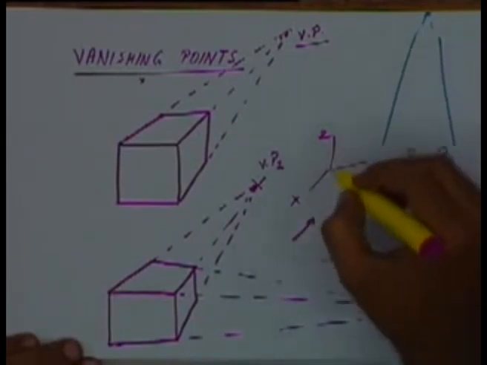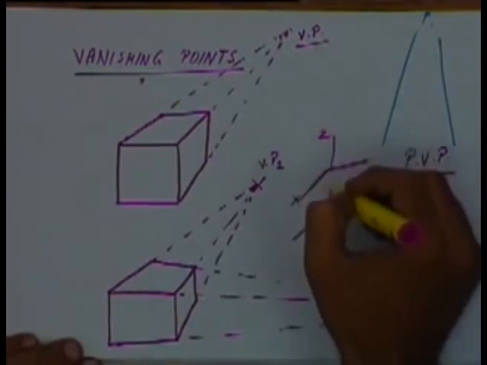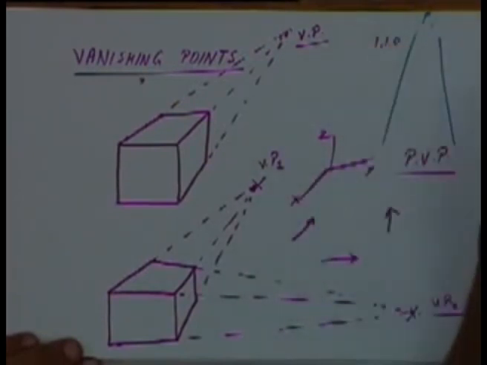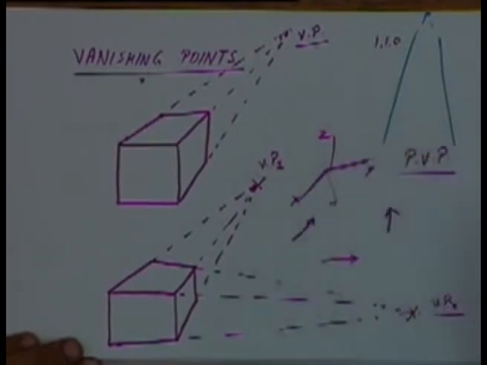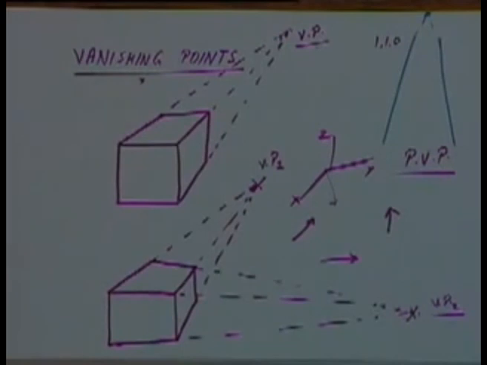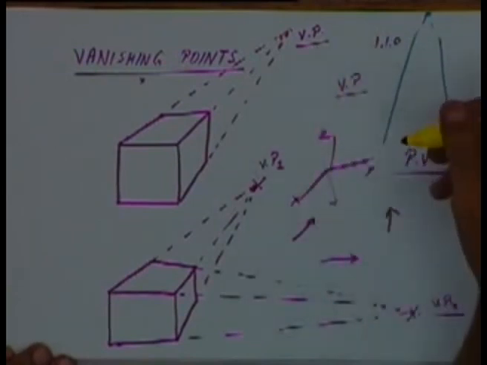If we have a set of lines in the direction given by the vector 1 1 0, which is a vector like this, all lines parallel to this axis will also seem to come from some other point. That will also be a vanishing point, but it will not be a principal vanishing point.